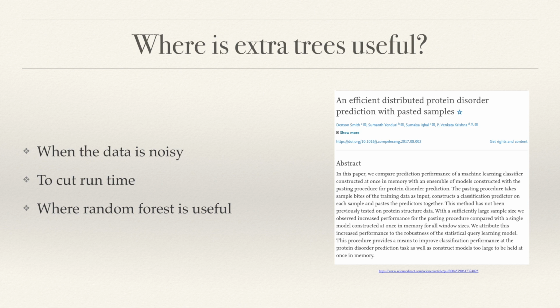They are very, very similar. Here's an example of a problem where extra tree classifier was useful in predicting protein disorders. It's a data set that is particularly noisy, and so it was useful there.